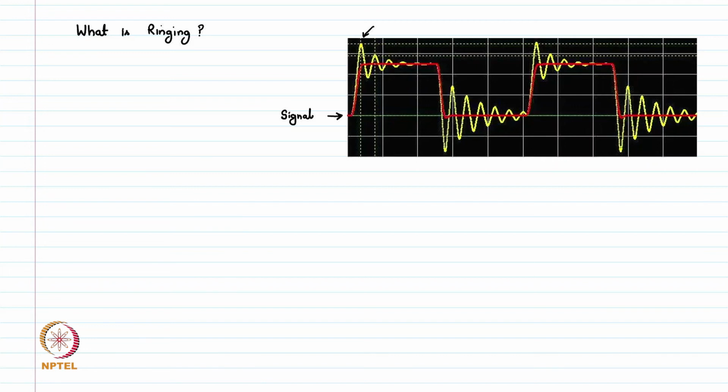This yellow signal goes up, down, up, down from its desired value, which is this red line. So this signal is actually going up and down multiple times. This is called the ringing in our signal.